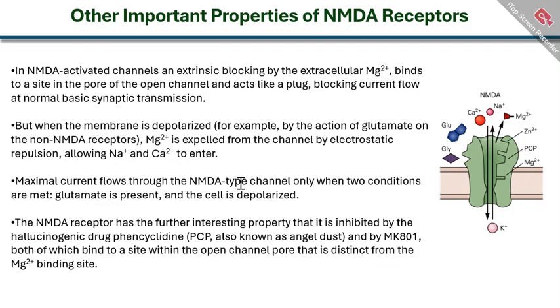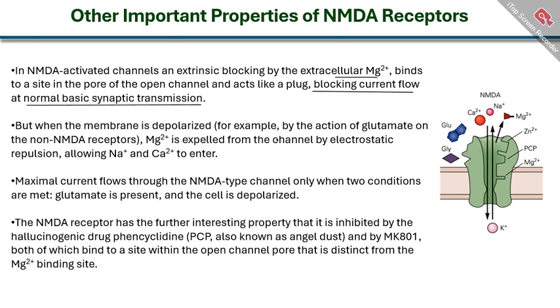Other important properties of the NMDA receptors: the NMDA receptor-activated channels are subject to extrinsic blocking by magnesium, and magnesium is there. So this causes the blocking of the channel, and current flow during normal basic synaptic transmission through the NMDA receptors is minimal.